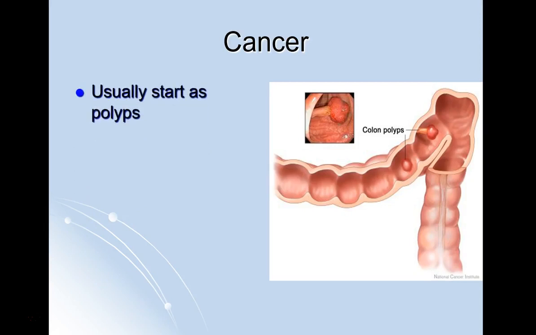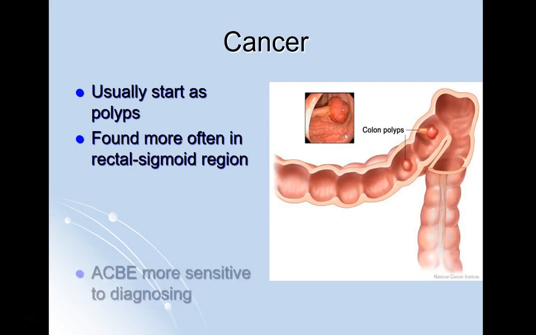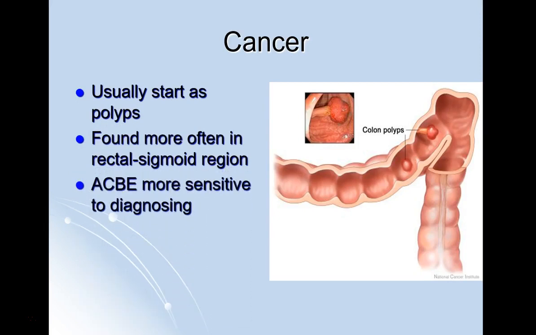So let's talk about colon cancer. Colon cancer often starts as a polyp. And remember, a polyp is something that points into the lumen. It's the opposite of a diverticula. Colon cancer is most often found in the rectal sigmoid area, but it can occur anywhere.